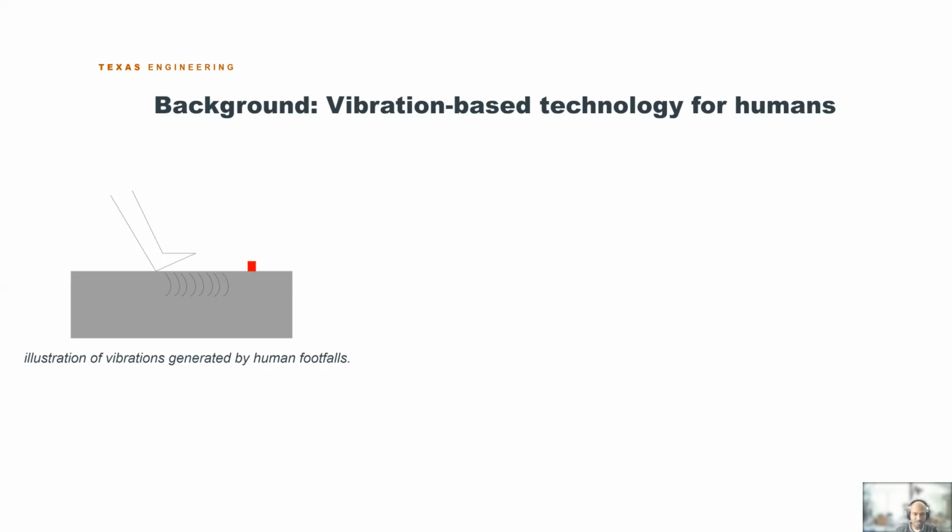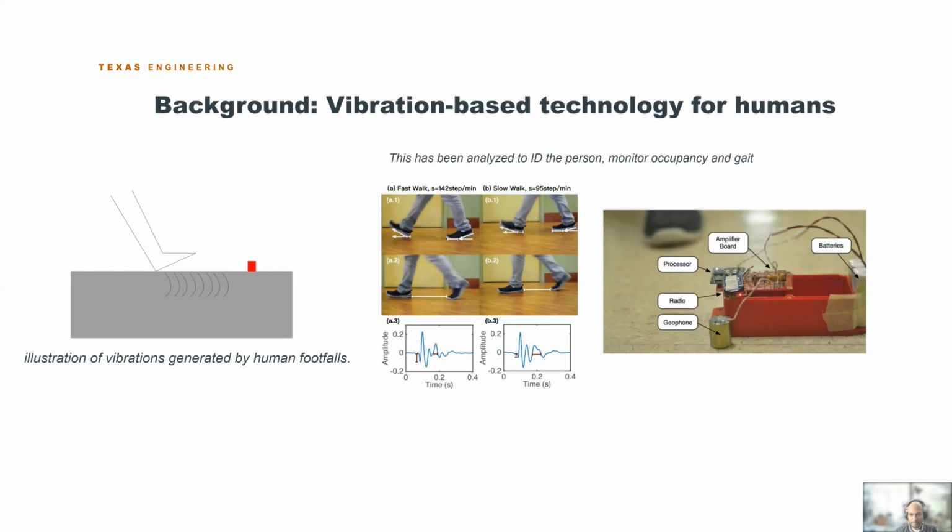When humans walk, like when we walk on the floor of a building, we generate really low frequency waves in the floors, and this is picked up using really low frequency sensors to measure these vibrations, to actually identify the person or monitor the number of occupants in a room or even the gait of that particular person.